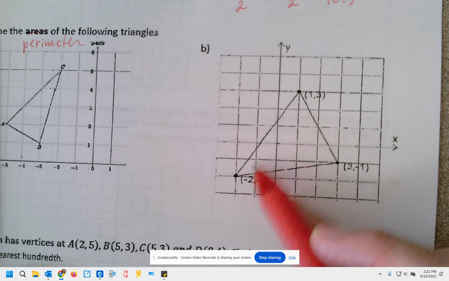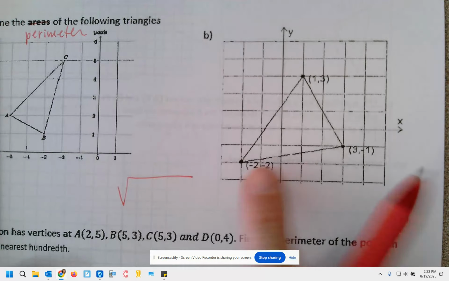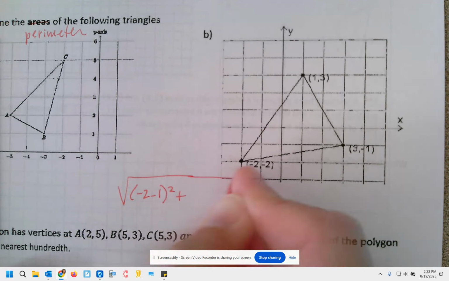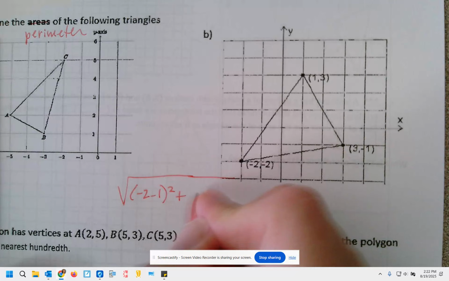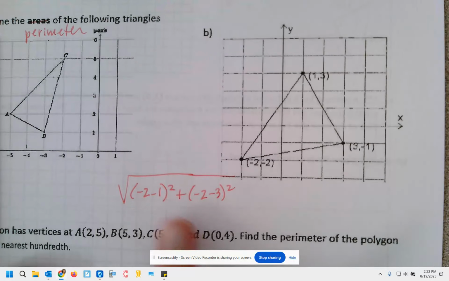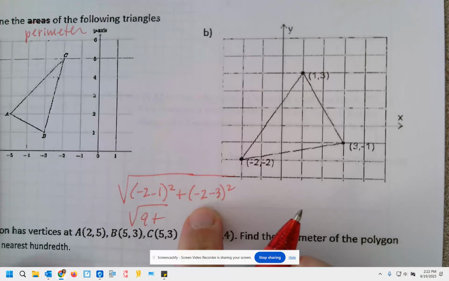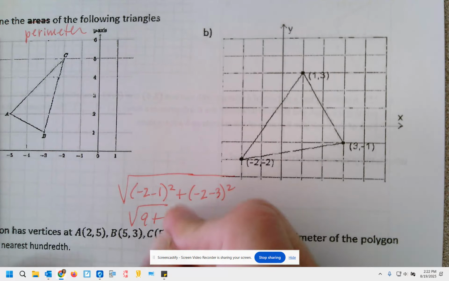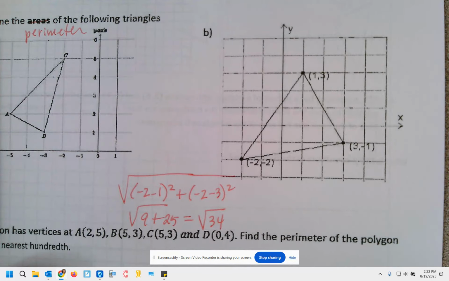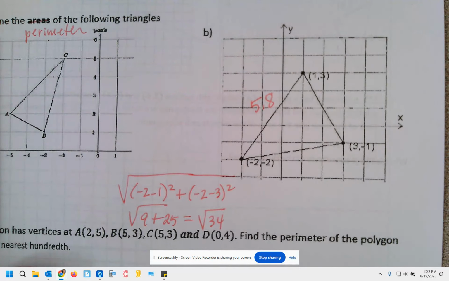So I'll just start with this side. I'm going to do -2 minus 1 for the x's and -2 minus 3 for the y's. So that's -3 squared, which is 9, plus -5 squared, which is 25, for a total of the square root of 34, which is approximately 5.8.